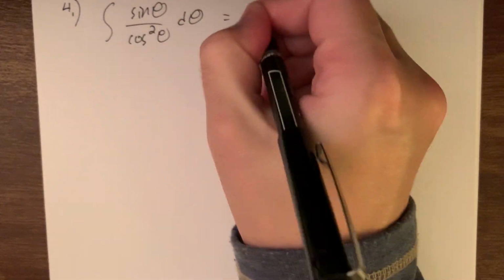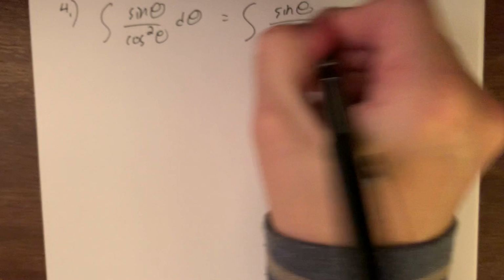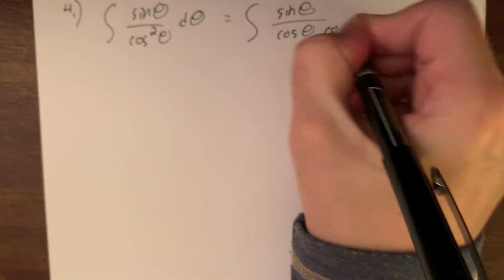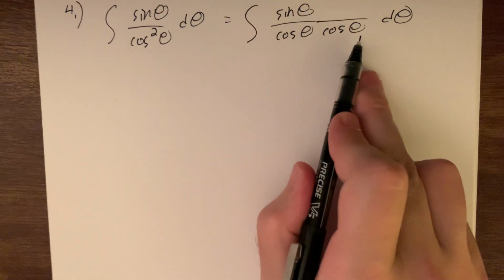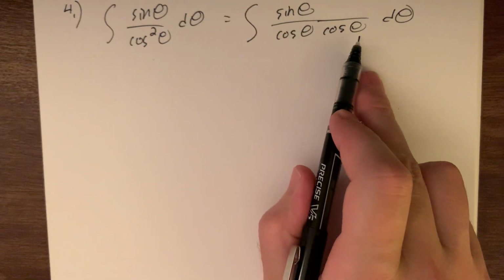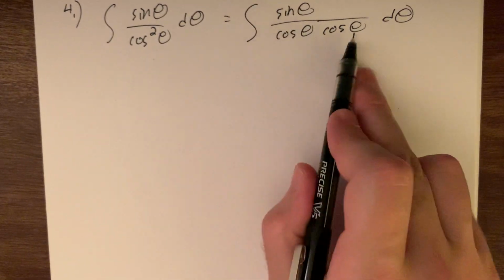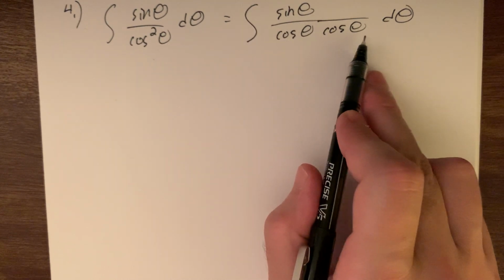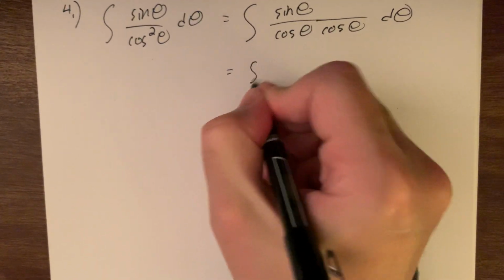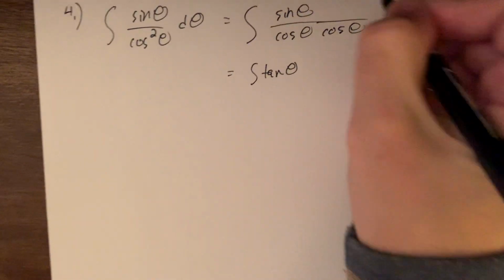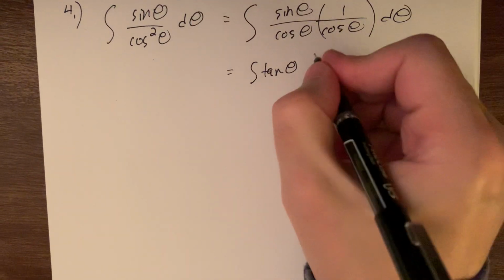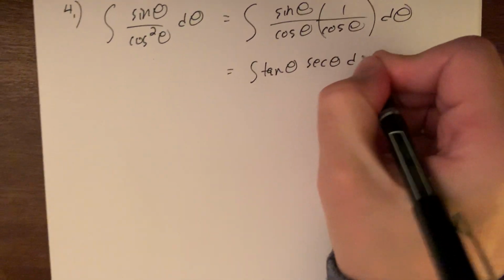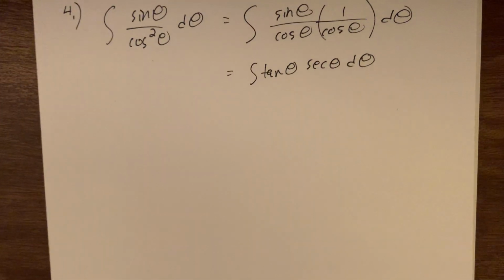If I break this up a little bit, just breaking up the cosine squared into cosine times cosine, and now treat this like 2 separate fractions. Sine over cosine is tangent, and then this second fraction would be 1 over cosine, which is secant.